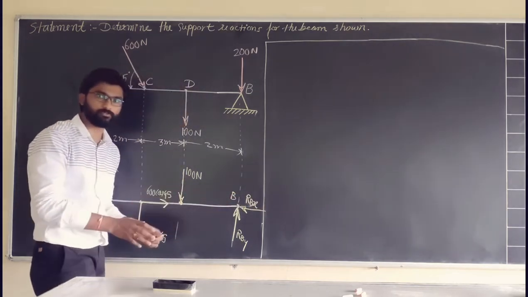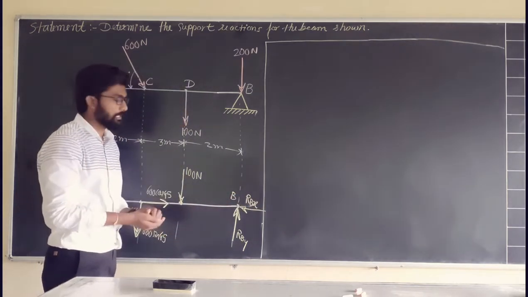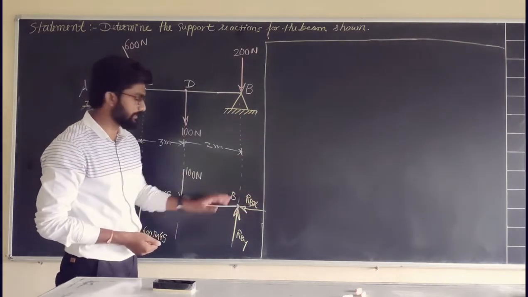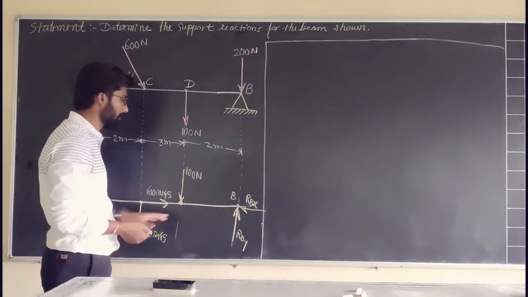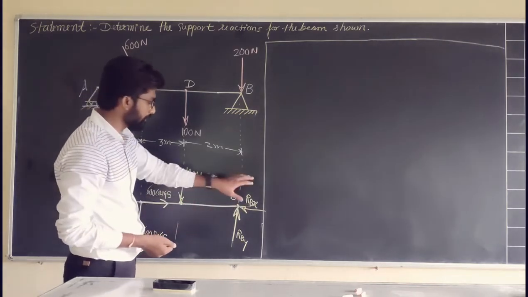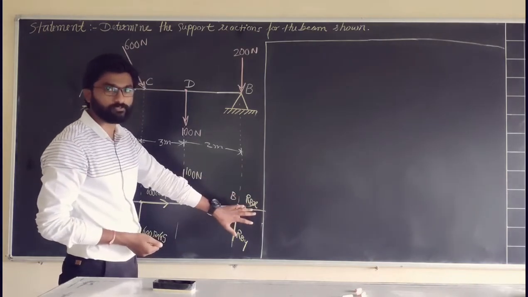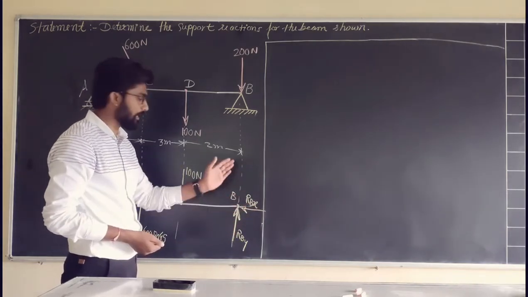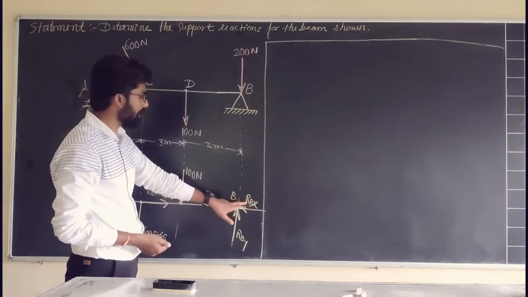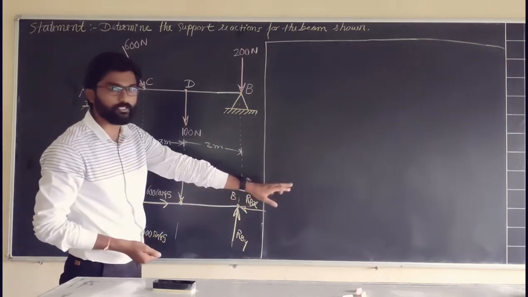These directions are assumptions. If after solving you get RBX as a positive value, the assumed direction is correct and RBX moves towards negative x-axis. But if you get RBX negative, the assumed direction should be reversed, so RBX will be moving towards positive x-axis.